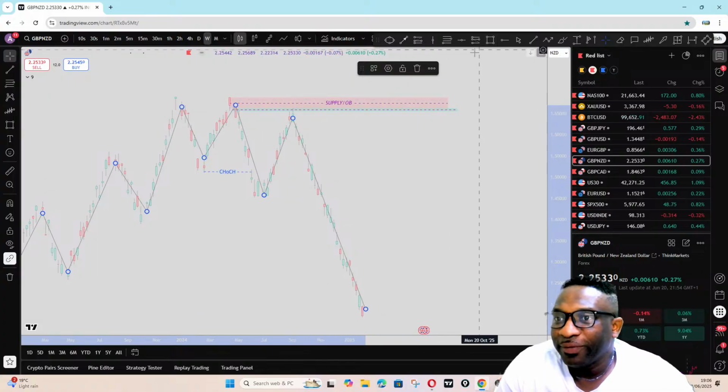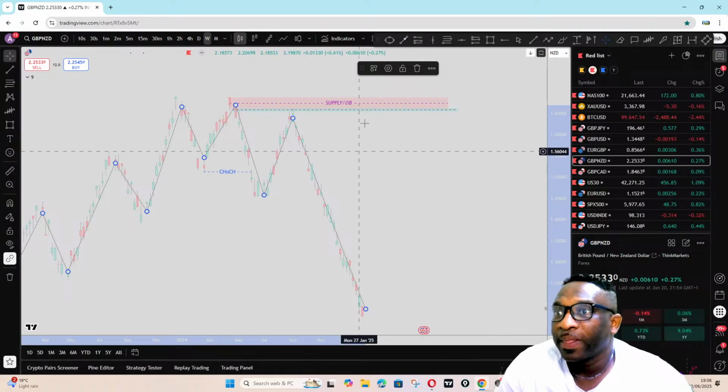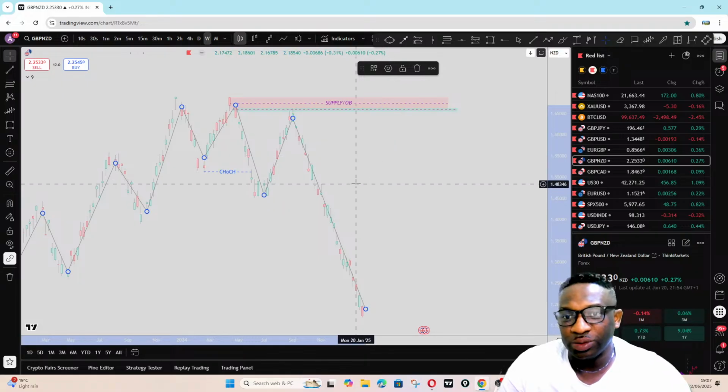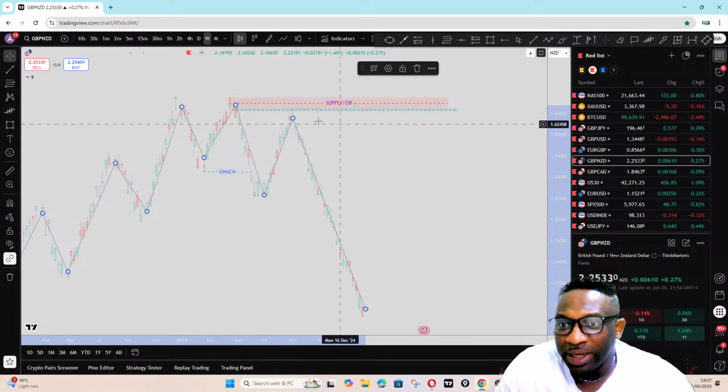When we say sell setup, we're looking to identify a particular thing. If we don't see that, we are not getting into the trade. What we are looking for is either an engulfing candle at this area. Let me mark it.